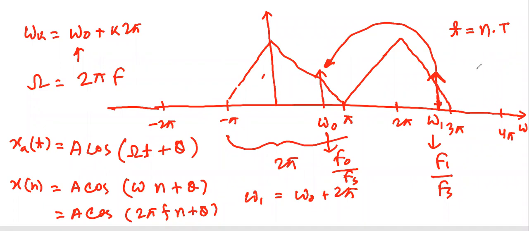For two samples, the distance between these two is the T value. Then what is Fs? Can you please reply? What is Fs? 1 by T. Yes, thank you. So then we can write t is equal to nothing but n into 1 by Fs. So now you can replace the value of t with n and Fs very easily.